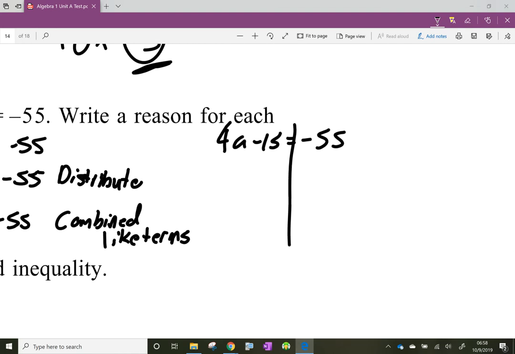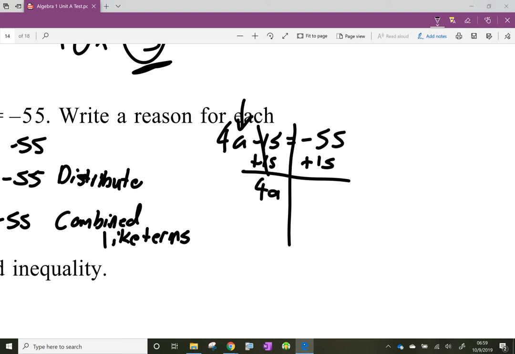So now I'm trying to solve for A, so I'm going to try and cancel out this minus 15. If I can get rid of the minus 15 and the 4, then A will be by itself. Now, because this is subtracting 15, the opposite of subtracting 15 is plus 15. So we would add 15 to both sides. And what that's going to leave us is negative 15 plus 15 cancels out.